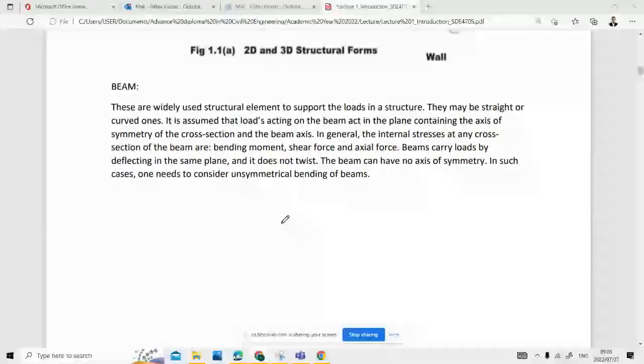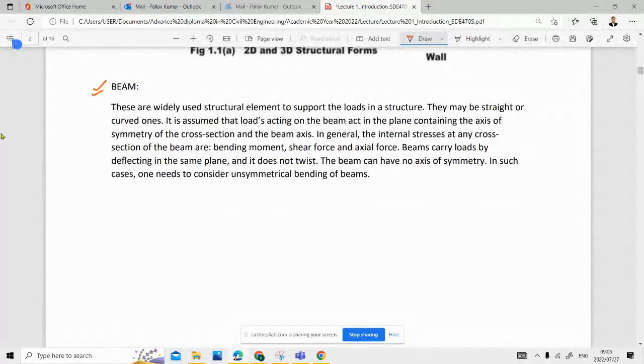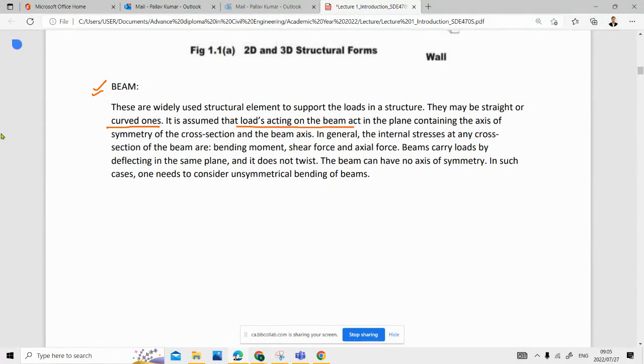If we talk about beams, you are already aware of them. I'm not going to go into that detail. But yes, you will also come across curved beams in the near future. Whenever we say beam, the load acting on the beam could be vertical to the axis, or it can be inclined towards the axis.